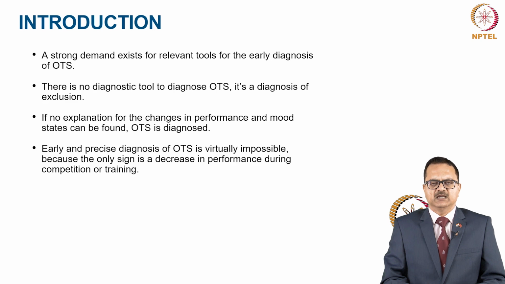Early and precise diagnosis is virtually impossible, because the only sign is a decrease in performance, either during competition or during training, which may be absolutely normal or which may be due to a variety of reasons under the sun.